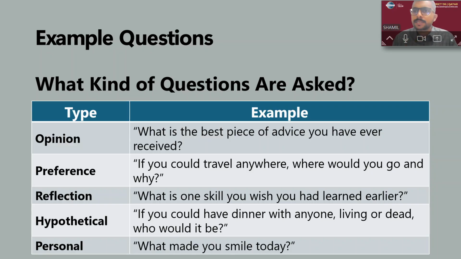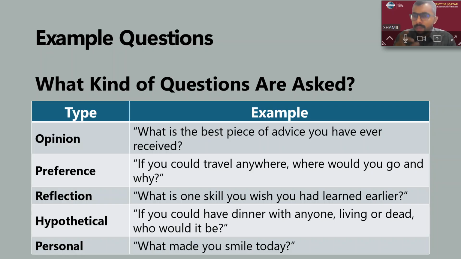Then we have reflection. Reflection questions are like, what is that one skill that you wish you had learned earlier? It's like you're coming to the stage and thinking about that question. And then hypothetical. It's not necessarily factual. It could be quite fictional as well.